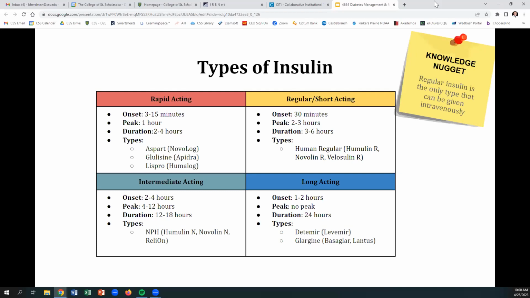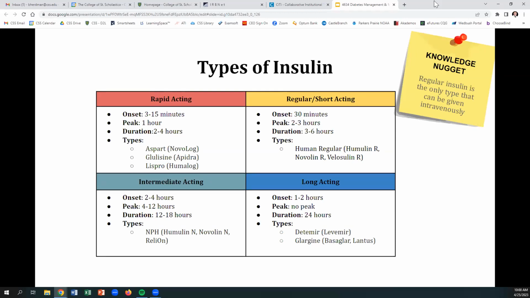And usually in most healthcare settings, because insulin is a high-risk medication and requires lots of monitoring, if someone is going to be on an insulin drip, they're going to be in some sort of ICU setting. Okay, so let's go back and talk a little bit about rapid acting.